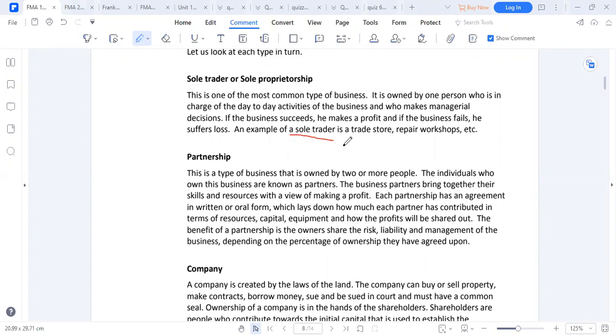Okay, he has advantages and disadvantages. Can you tell me the advantages and disadvantages of a sole trader from what I've just explained so far?